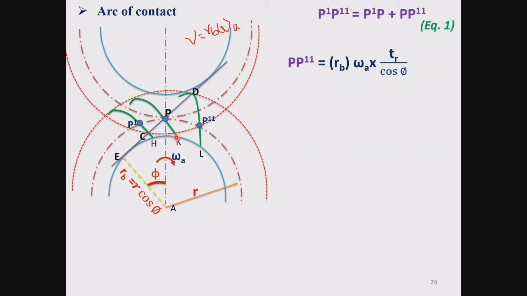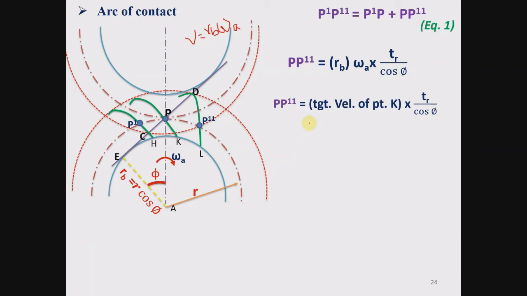But the difference is only that radius of rotation of point P is the radius of pitch circle, that is R, and radius of rotation of point K will be the radius of base circle, that is RB. Okay, so RB is radius of rotation of point K and omega A is the angular velocity of point K. So RB into omega A is the linear tangential velocity of point K, correct?